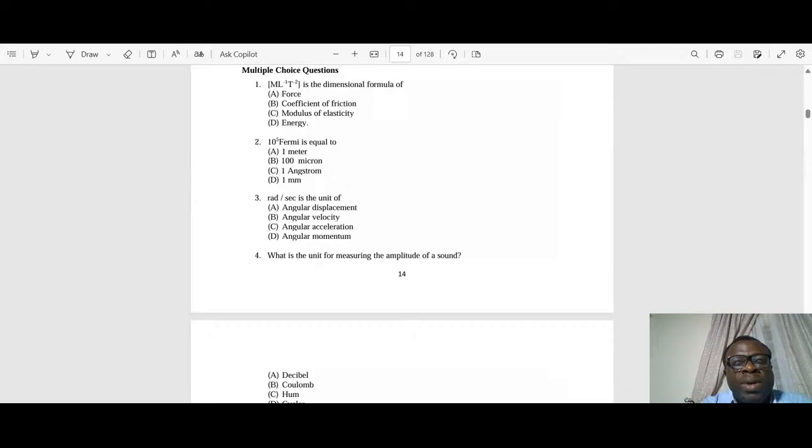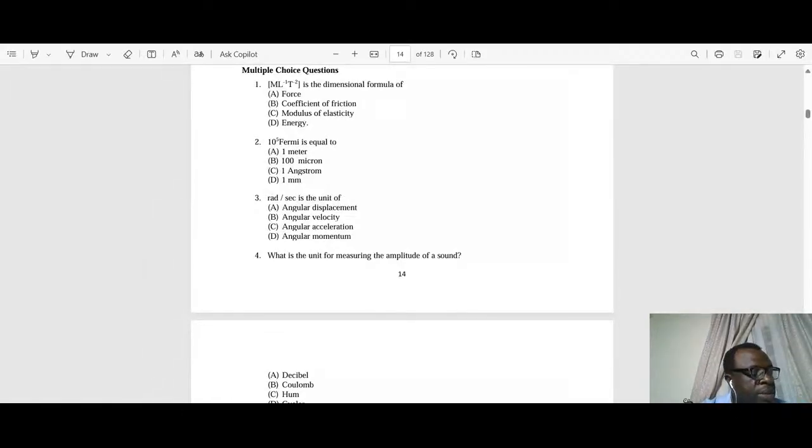So 10 raised to power 5 Fermi will give us how many meters?